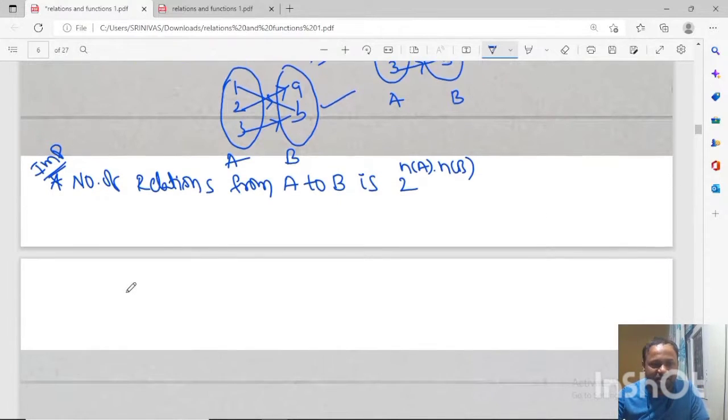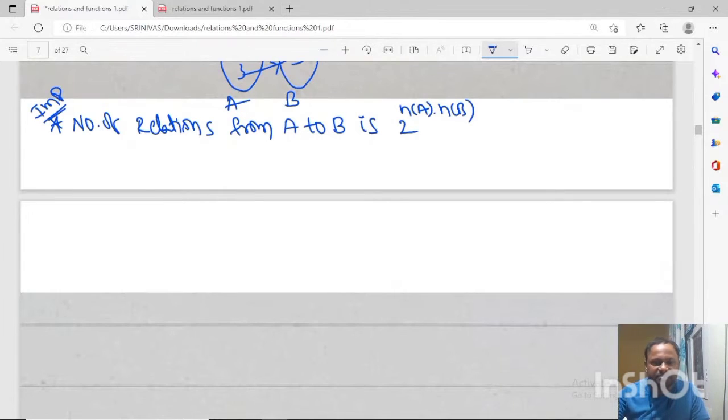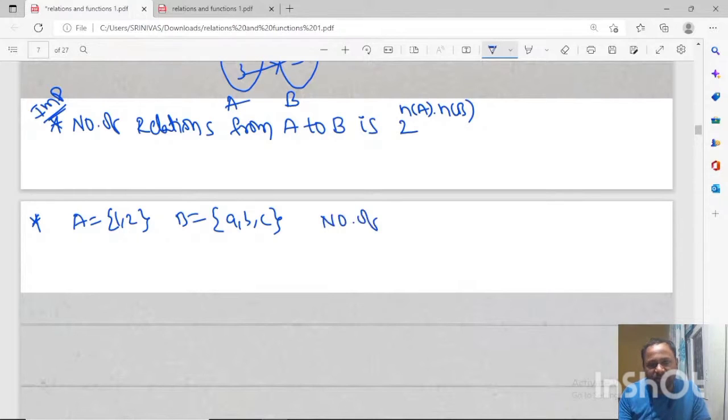What is the question? See this. Suppose A is equal to {1, 2}, B is equal to {a, b, c}. Then what about the number of relations from A to B?